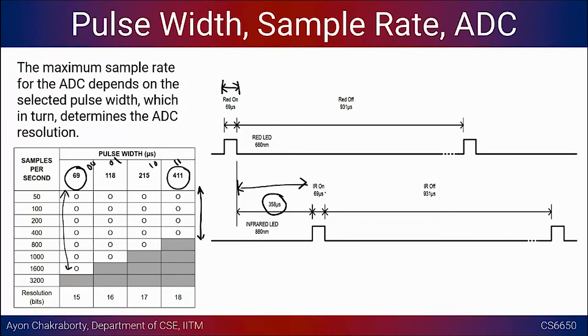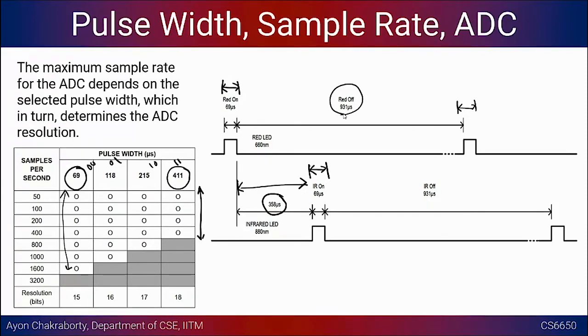Then there will again be a burst of 69 microseconds where your IR is going to glow. The photodiode is going to ingest this data, and then the next pulse is repeated after this part, 931 microseconds. So these timings are already mentioned, and these timings will change for your choice of the pulse width.